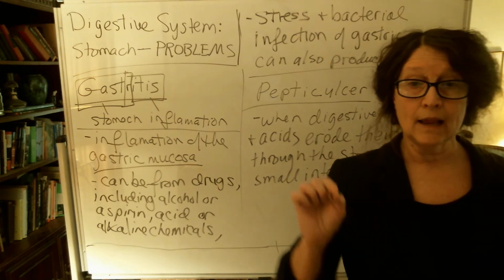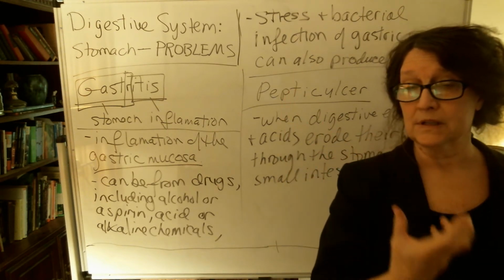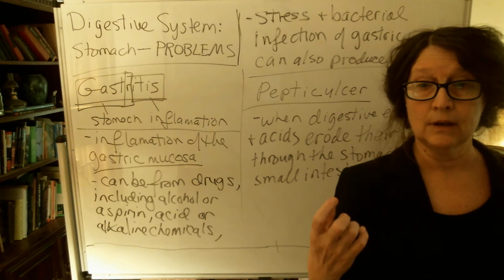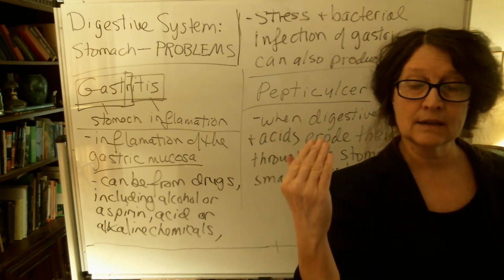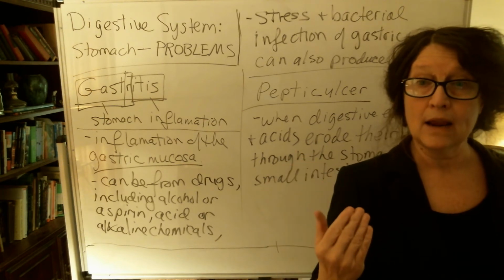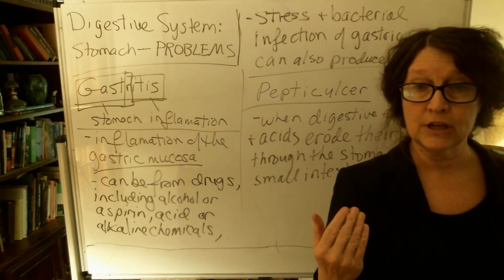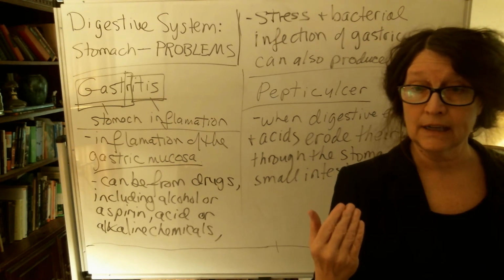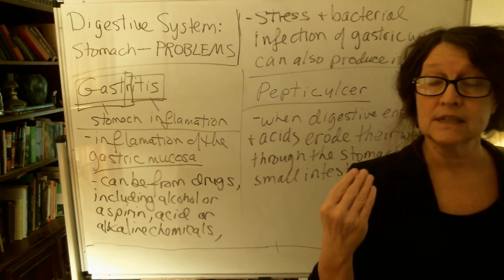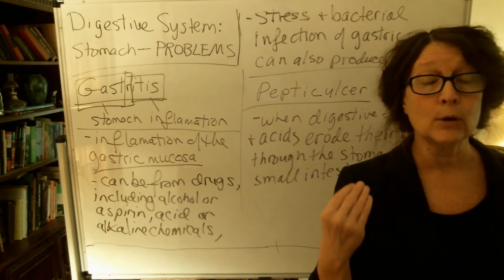Normally, we have a lining of mucus that is secreted by the lining of the GI tract that keeps these acids and digestive chemicals away from the wall of our GI tract. And on top of that, we have that epithelial lining, and epithelial cells are replaced very, very frequently.